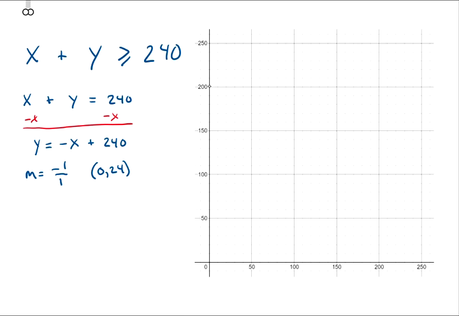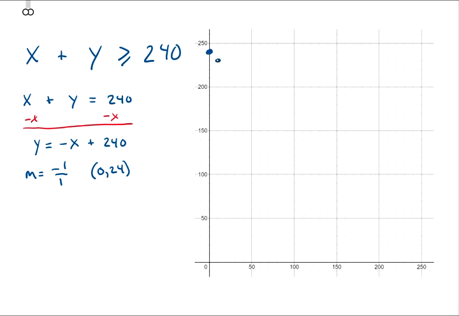So 240 looks like 200, 210, 220, 230, 240. It looks like it's right about there. And the slope is negative 1, so down 1 over 1.